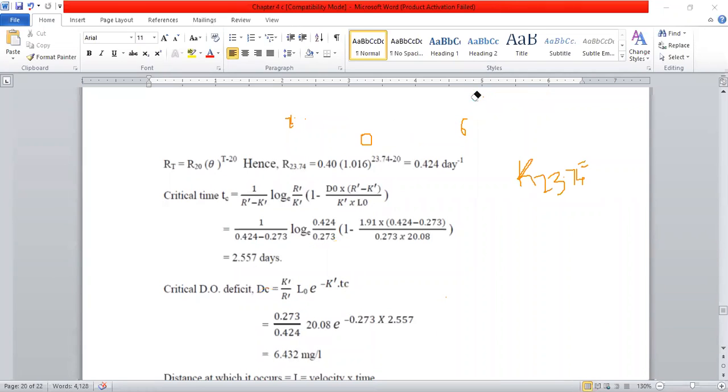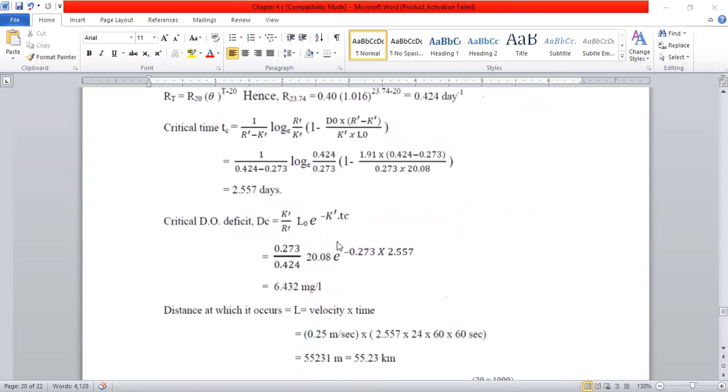I will erase all these things and then we'll proceed. Okay. Then the critical dissolved oxygen deficit is equal to this, you have determined the values of r and k, L naught, the value of k dash again, and the value of Tc.